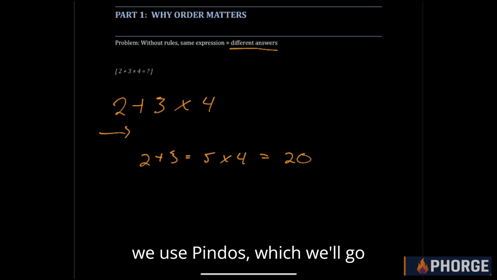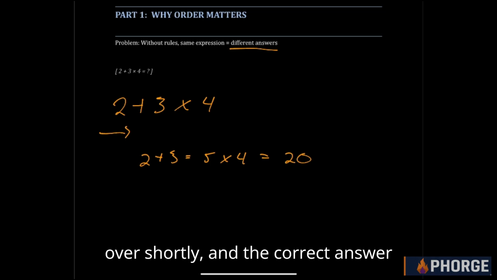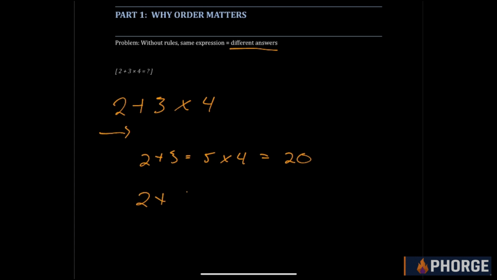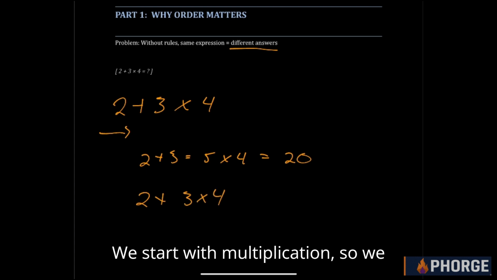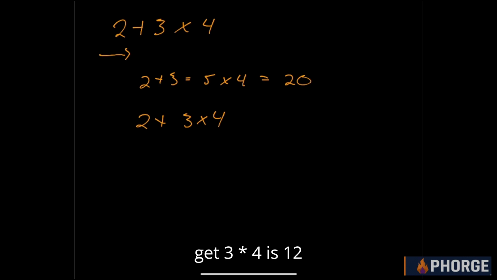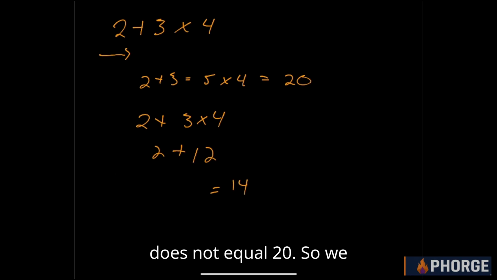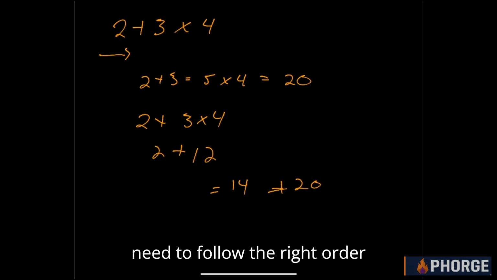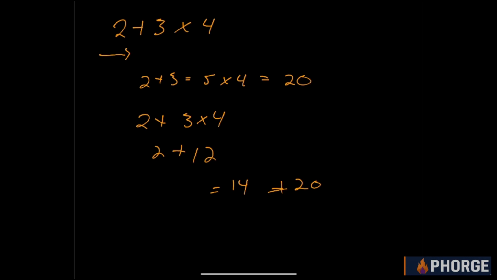But if we use PEMDAS, which we'll go over shortly, the correct answer is actually, we start with multiplication. So we get 3 times 4 is 12, plus 2 is equal to 14. 14 does not equal 20. So we need to follow the right order of operations to ensure that we get the correct answer.